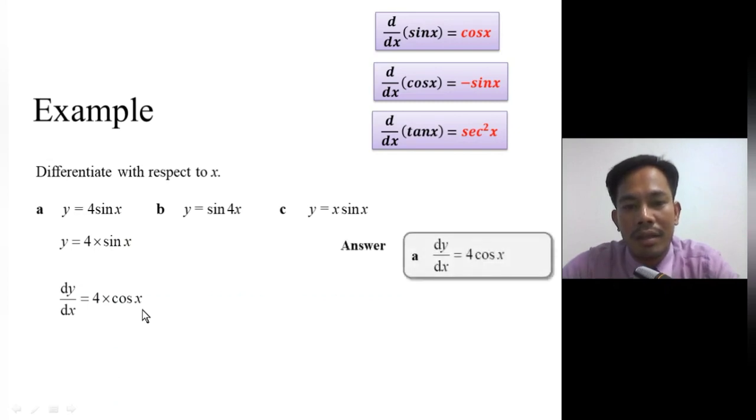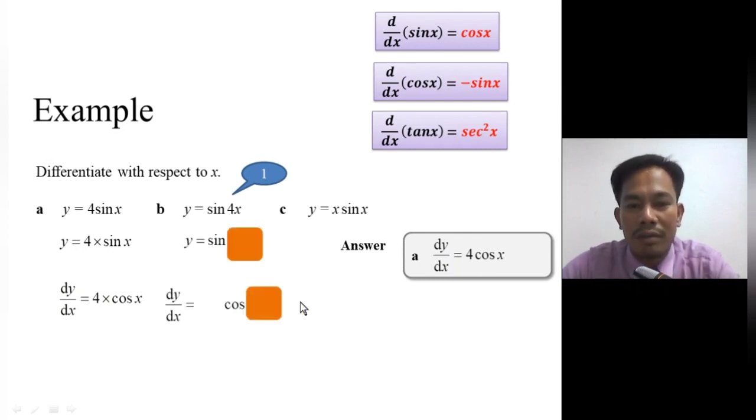Okay, next, letter B. y is equal to sine 4x. What if there is a numerical coefficient on the angle? What you will do is cover up that value, and remember that the derivative of sine is cosine, so you just put in the cosine, and then get the numerical coefficient of the x, which is 4.